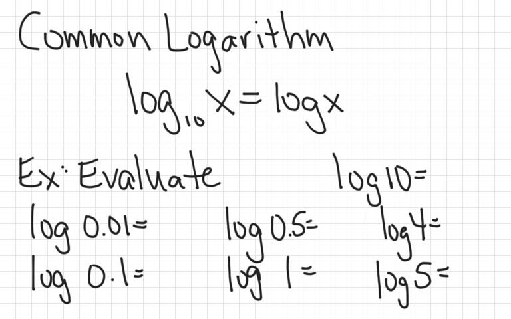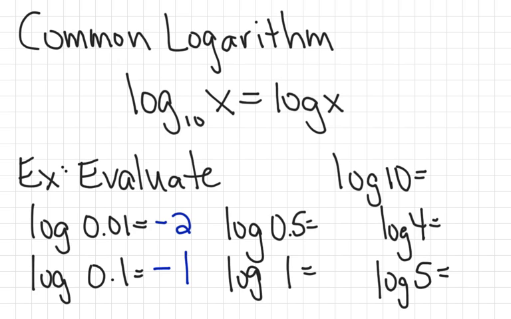Let's evaluate some logs using our calculator real fast. So the log of 0.01, the calculator spits out -2. The log of 0.1, the calculator spits out -1. Remember, these are exponents. They're powers of 10 that give you the number that you're taking the log of.